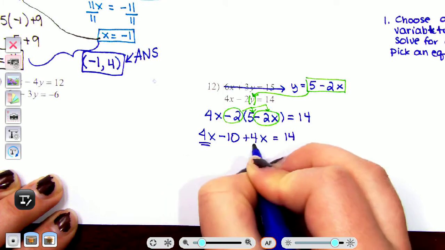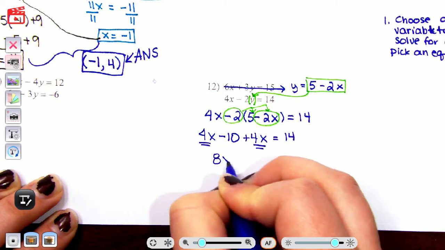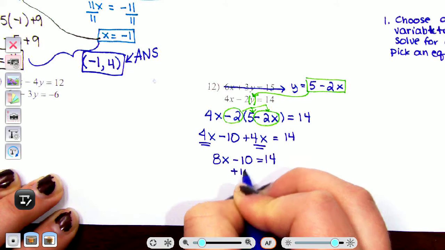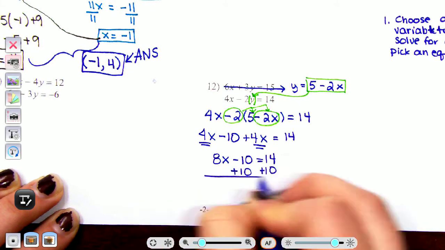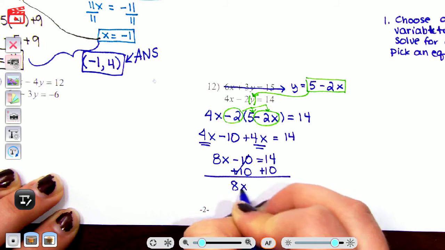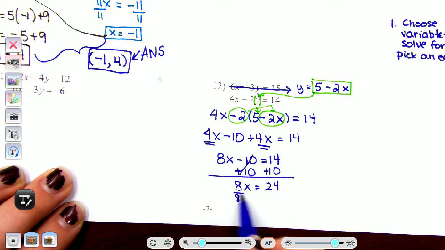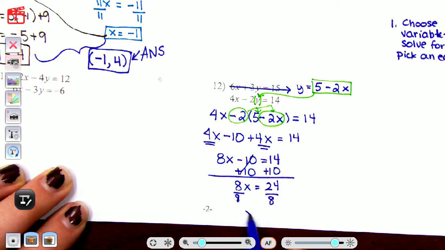Combine like terms, I have 8x minus 10 is equal to 14. I'm going to add 10 to both sides. 8x is equal to 24, divided by 8, divided by 8. x is equal to, what is this? I believe this is 3.